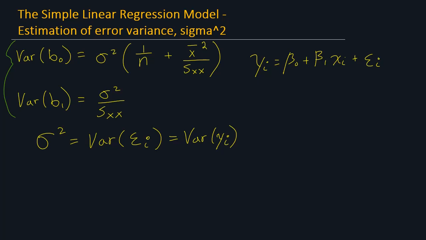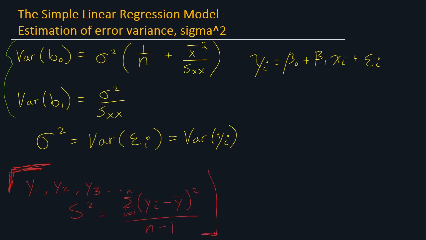If I want to estimate the variance of y, back in the old days, let's imagine I only have data on y: y1, y2, y3, etc. If all I had was data on y, I would use our old estimator, s squared equals the sum of the squared differences from the mean, yi minus y bar squared, divided by n minus 1.